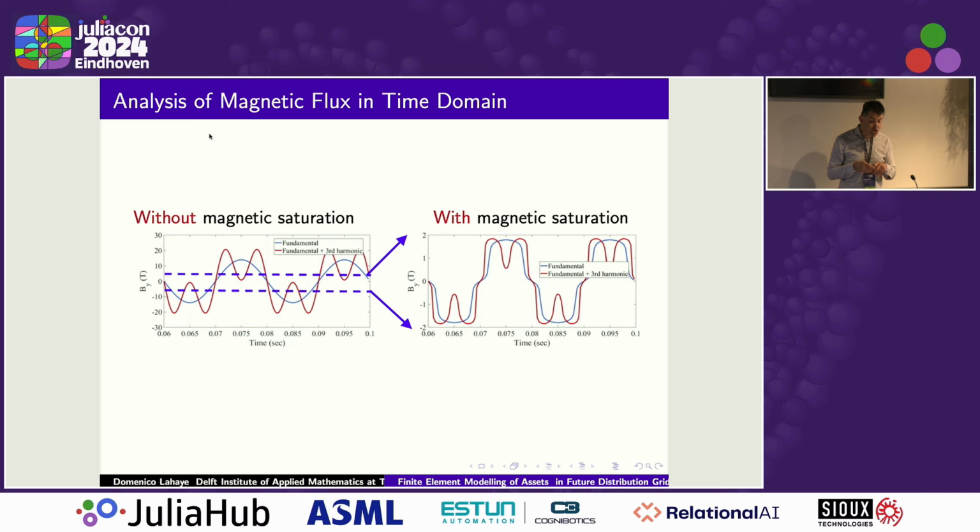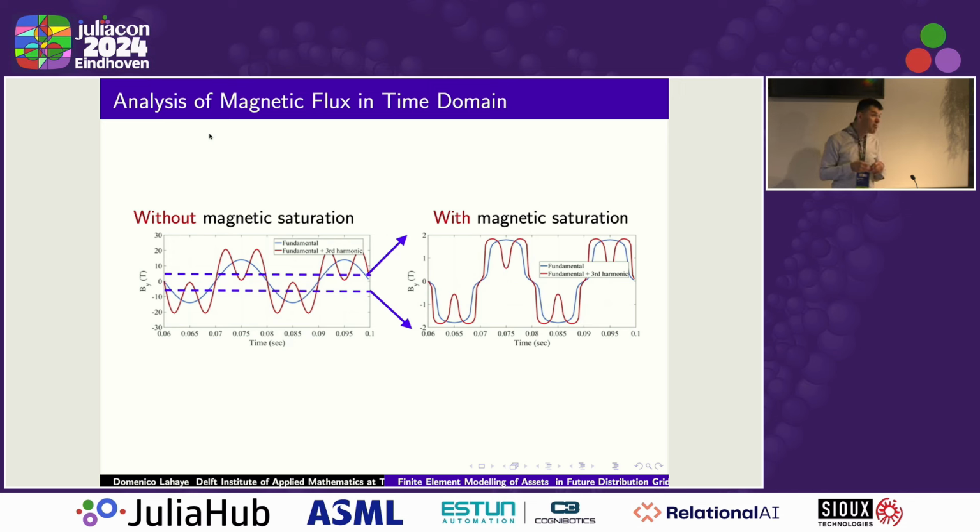So the picture shows a left and right subfigure. The left is what happens if we simplify the model to have a linear magnetic behavior, and therefore we have a given flux distribution in the core leg over time, and this looks fine.